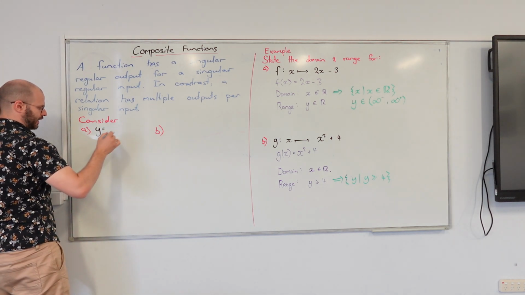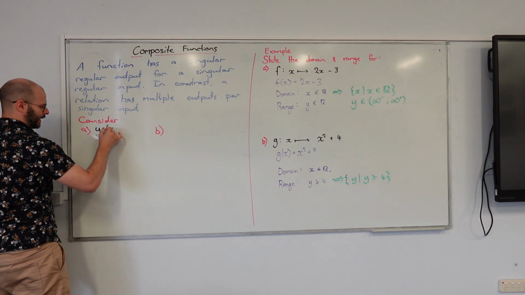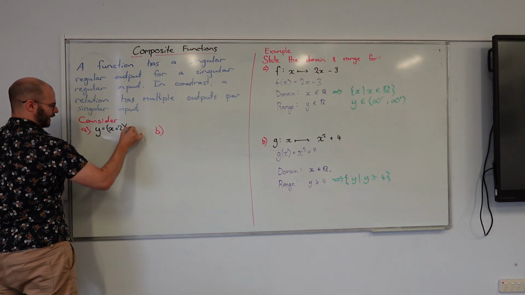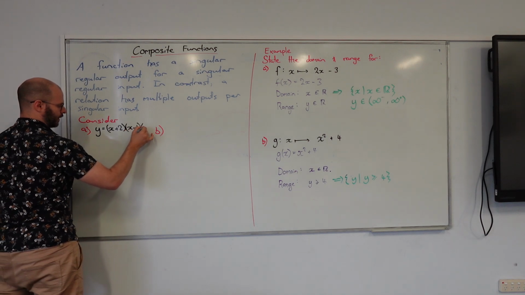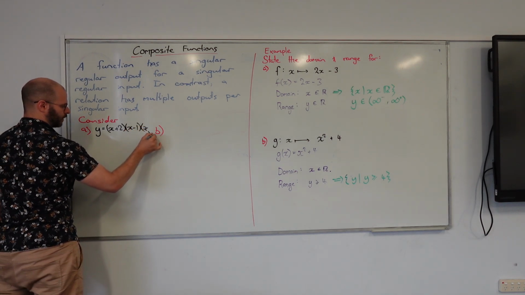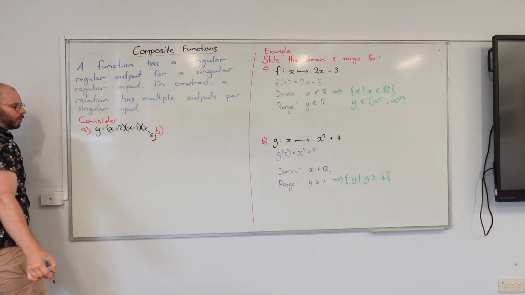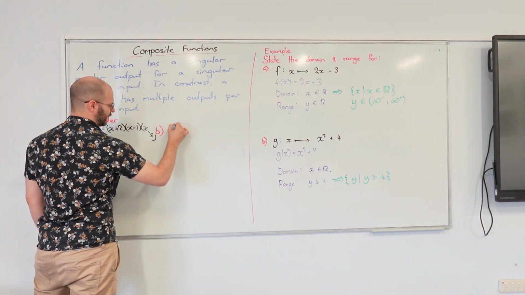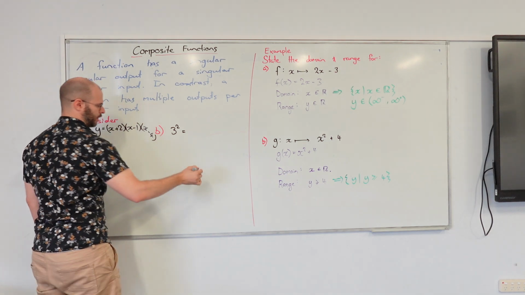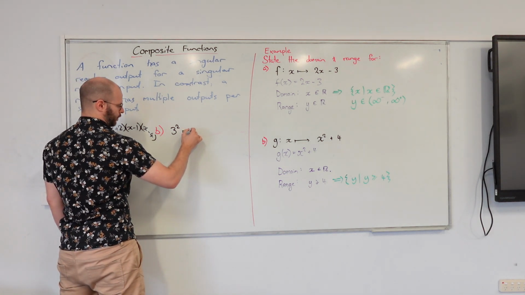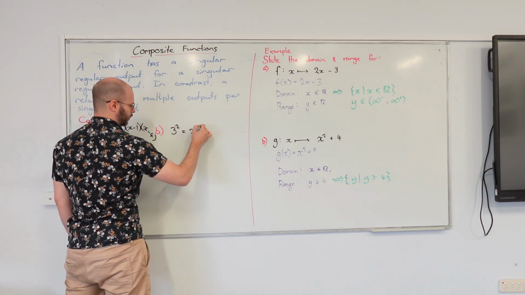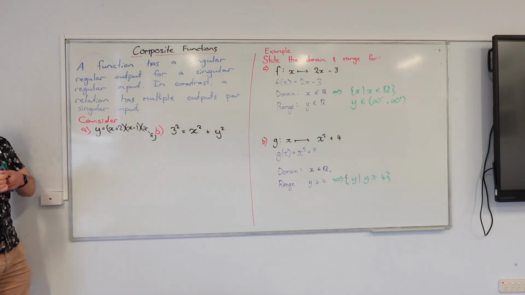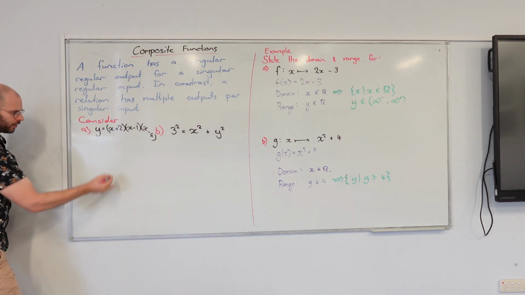We'll say y is going to be (x + 2)(x - 1)(x - 4). And then for the second one, we're going to go, let's say x squared plus y squared equals 3 squared, keep it simple. Is that cool?